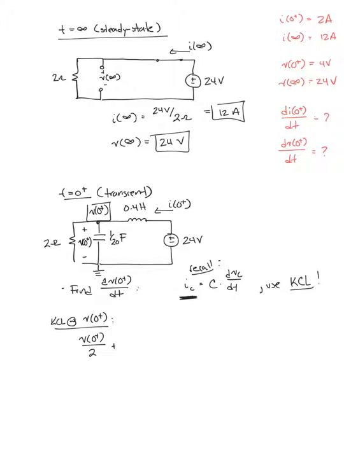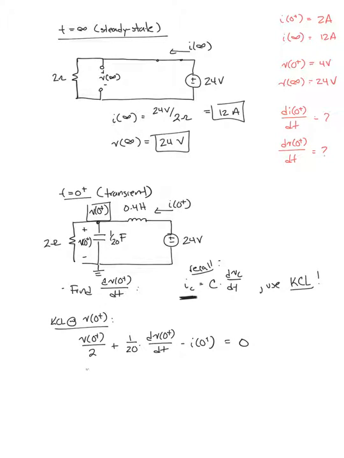The current through the capacitor, which is IC, is the capacitance, which is 1/20, times dV0 plus dt. The current through the inductor is just simply given as I at 0 plus. It's already defined for us, and so I give that a negative sign since it's going into the node.